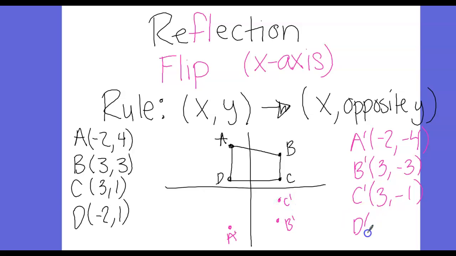And the new D will be -2, -1. Again, your x's should stay the same, but your y's become the opposite. So then you should have the same size and shape.